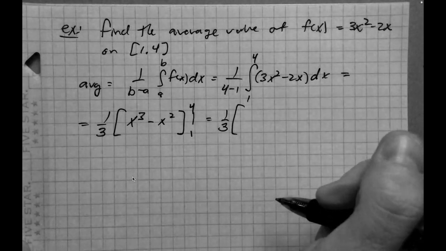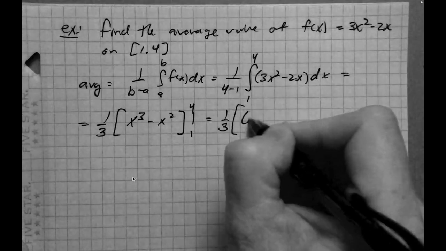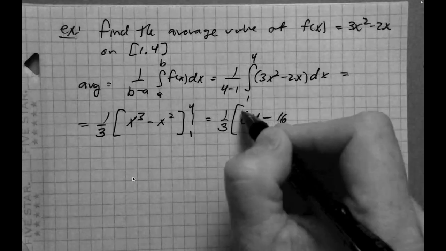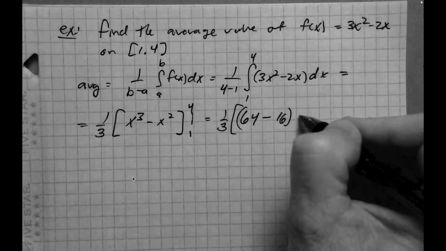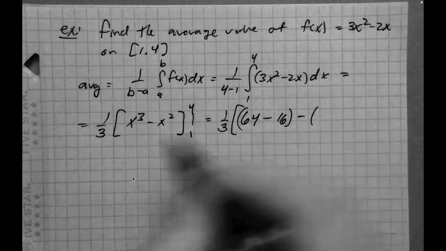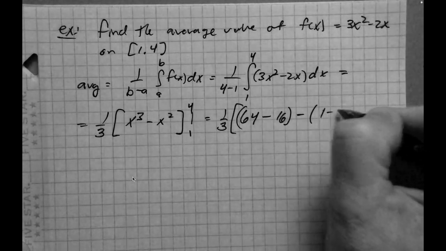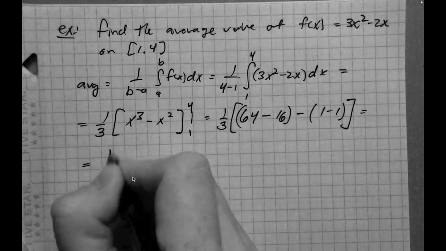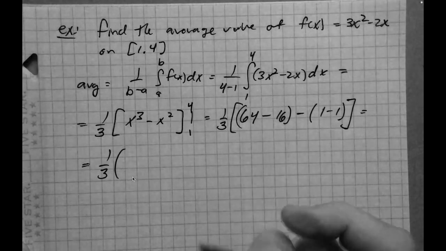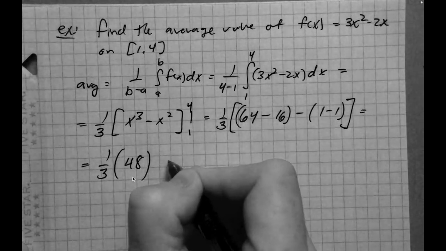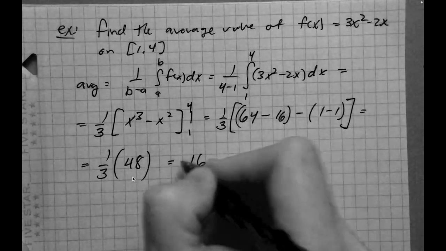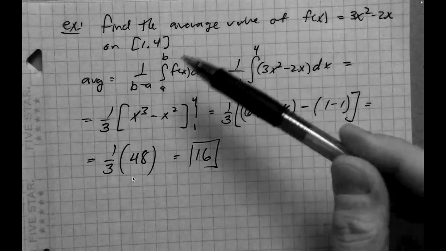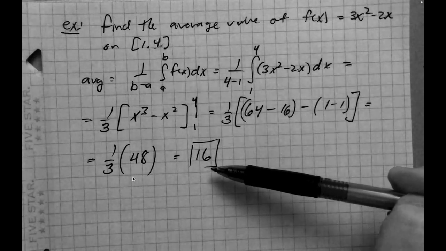And 4 times 4 is 16, times 4 is 64, minus 4 times 4 is 16, and then minus 1 minus 1, basically. Okay, and so what do we get? We get 1/3 times 64 minus 16, which is 48. And so that is 16. So the average value of this quadratic function on this interval is 16.